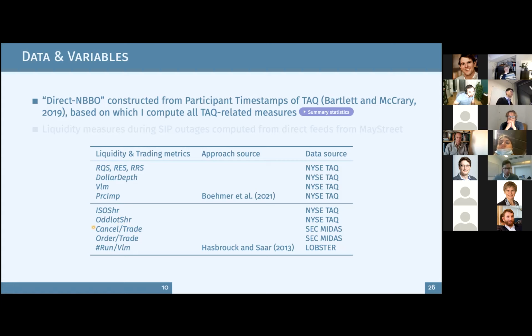The first 2 are the cancel-to-trade ratio and the order-to-volume ratio, that means the quantity of all the submitted limit orders divided by the trade volume. These 2 are from the SEC MIDAS, which publishes the data set on their website on a quarterly basis, but the metrics are daily.